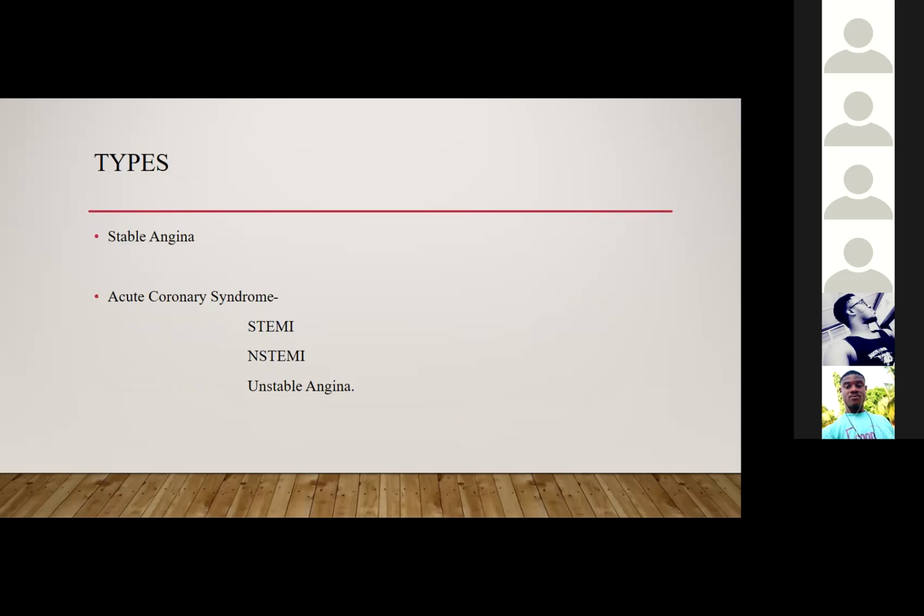So the main heading for conditions leading to poor perfusion of various aspects of the heart is ischemic heart disease, and under it you have your stable angina and then your acute coronary syndromes. Stable angina is usually not an emergency, right?